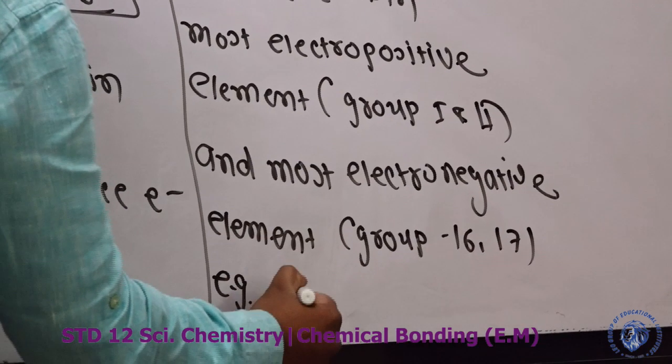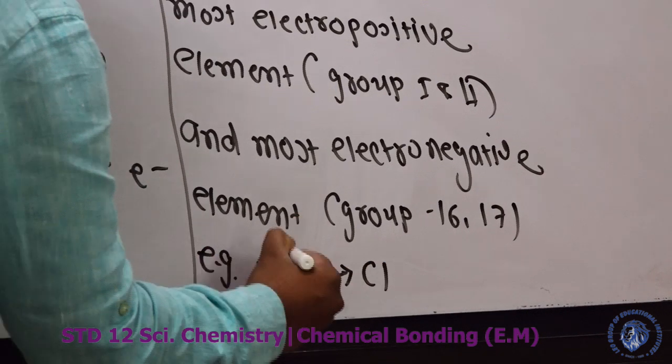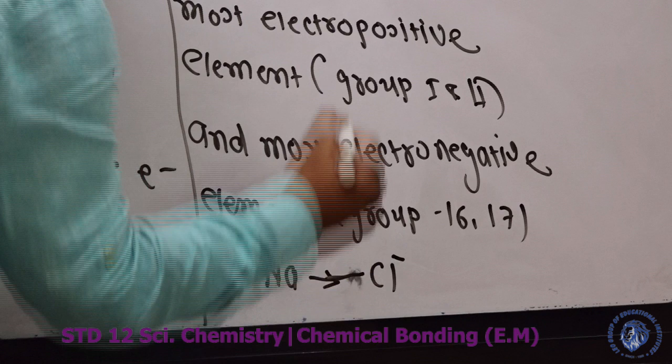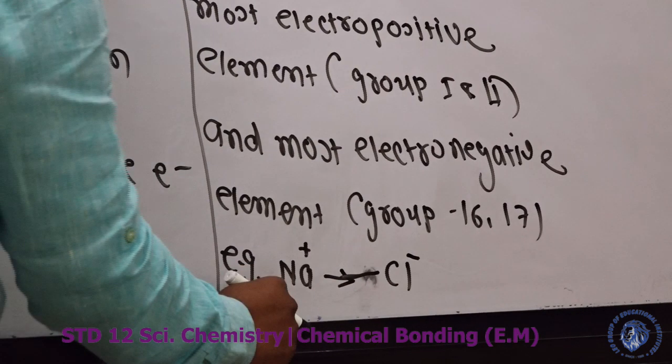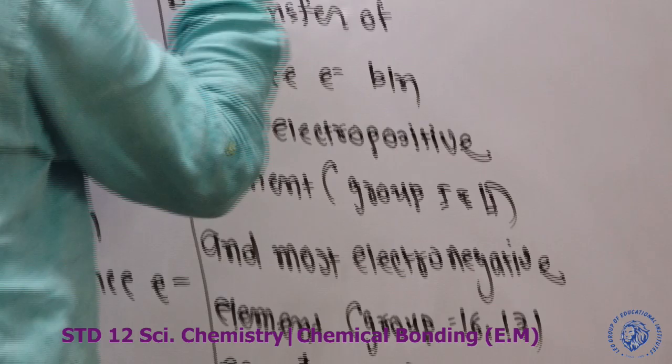Example, NaCl. So Na donates its electron and Cl accepts the electron. So it is transfer of electron, Na plus to Cl minus, donor to receiver, and the ionic bond is represented by this.